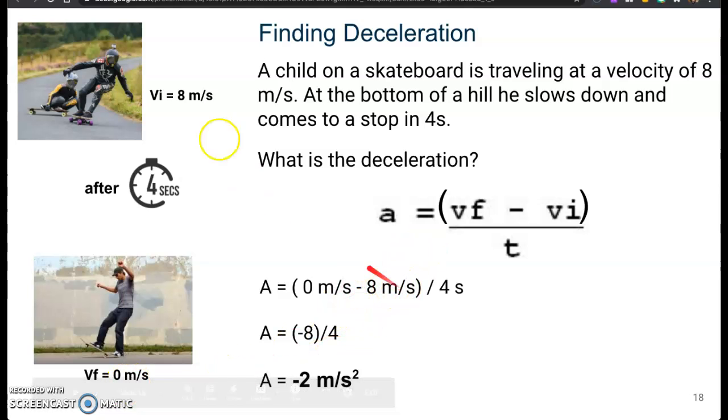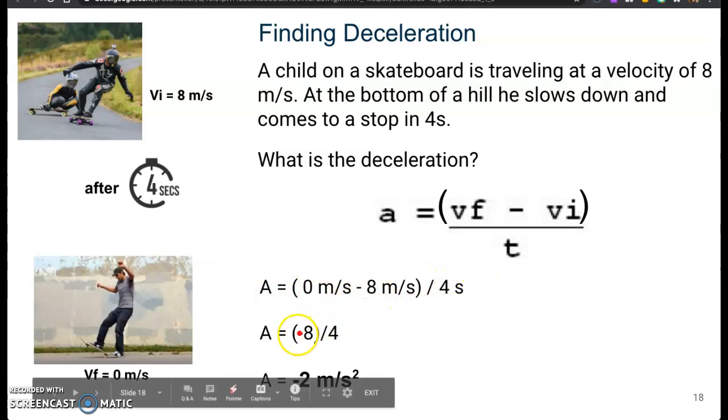His initial velocity was 8 meters per second. And the time that's given to us is 4 seconds. So 0 minus 8 is negative 8, divided by 4 equals negative 2 meters per second squared. Because he was decelerating, or he has a negative acceleration, the answer is negative. Makes sense.